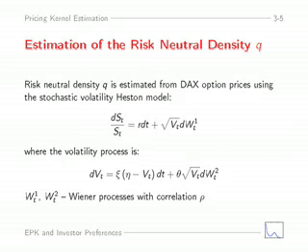For example, one model to which particular attention was paid was the Heston model, which is the stochastic volatility model. It is driven by two Wiener processes, W1 and W2. The first process drives the price, the second process drives the volatility.